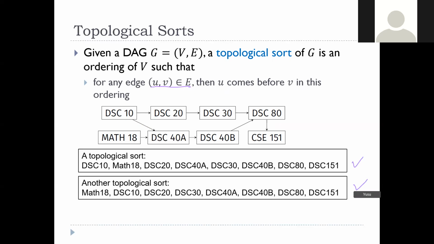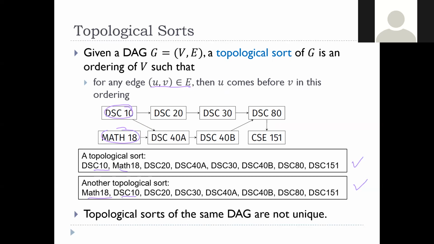You can verify yourself. The reason why there are multiple is because, for example, in this case, I just swapped the order of these two. Intuitively, there's no constraint between the two, so their relative order can be swapped. That's the intuition. So the topological sort of the same DAG is not unique. You can have multiple ones.